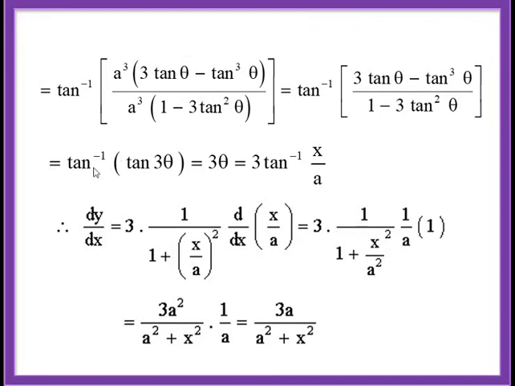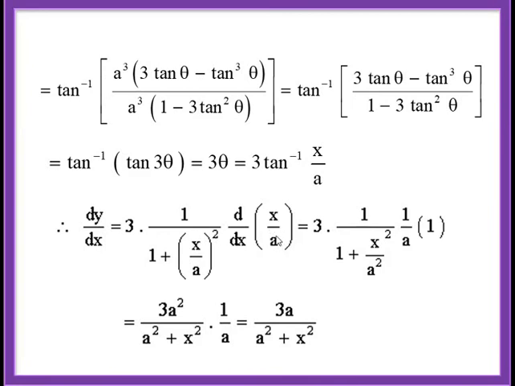Now tan inverse of tan 3 theta is nothing but 3 theta. But what is theta? Tan inverse x upon a. This means we are asked to differentiate 3 tan inverse x upon a. 3 is constant. Consider x upon a as u. What is the derivative of tan inverse u? 1 upon 1 plus u square into du dx by chain rule.